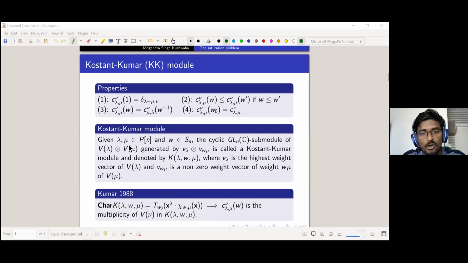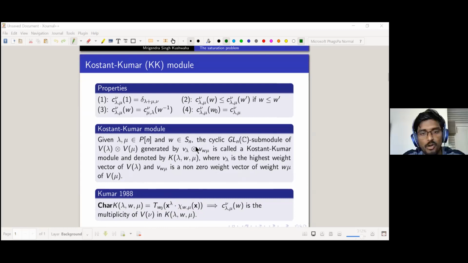For partitions lambda and mu, suppose V lambda denotes the irreducible polynomial representation of GL_n, and take the tensor product V lambda tensor V mu. In that, consider the vector v lambda tensor v_W mu, where v lambda is the highest weight vector of capital V of lambda, and little v_W mu is a non-zero weight vector of weight W mu in V of mu.